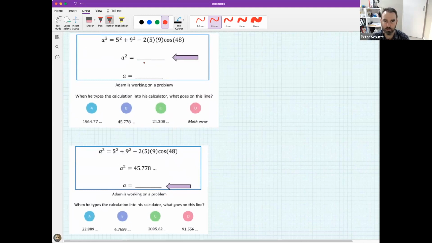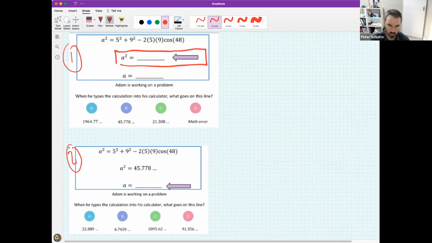See if you can tell me in this question what goes in this block. I'll call this question 1, and I'll call this question 2. So that one wants to know what's there, and this one wants to know what should be here. So tell me anything like 1A, 2B, or whatever it may be.